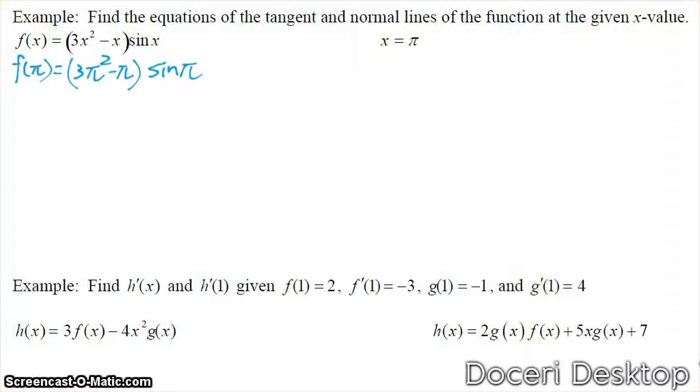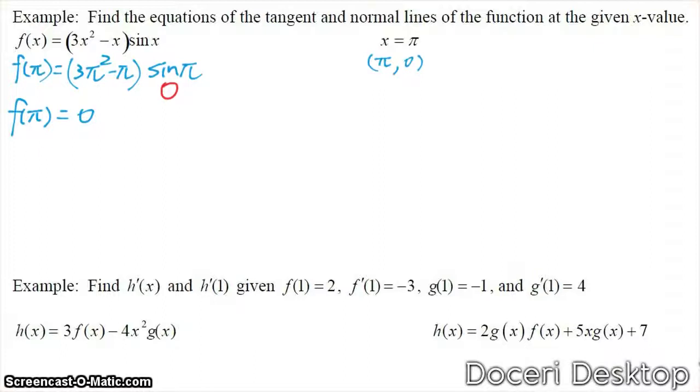So guess what happened? Since this is 0, the whole thing becomes 0. So f of pi equals 0. Therefore, our point right here would be pi and 0.